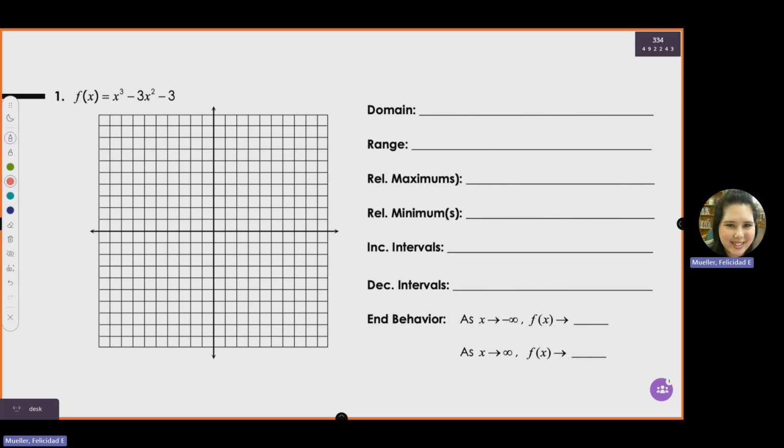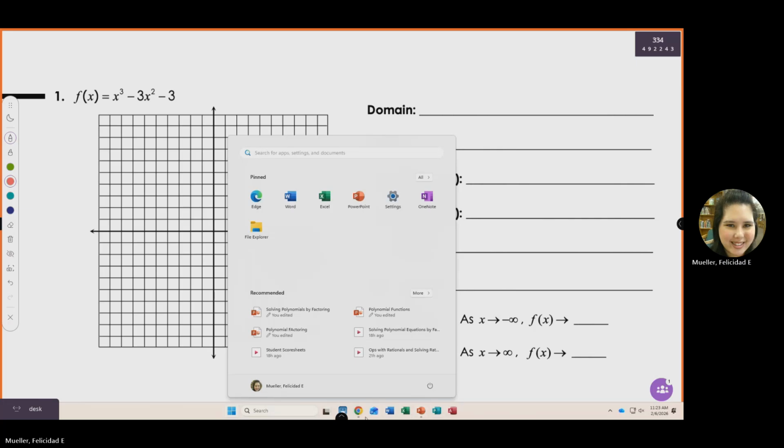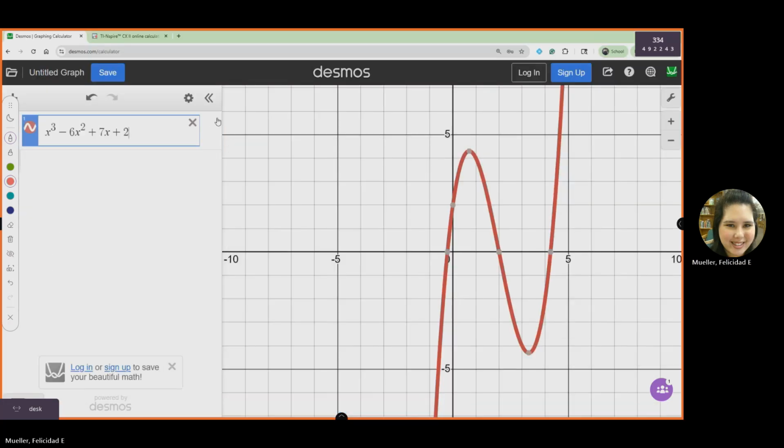If you want, we'll probably go ahead and use Desmos, just so that on the screen it looks a bit easier for me to show you guys the information. So we're going to go into Desmos and clear this.